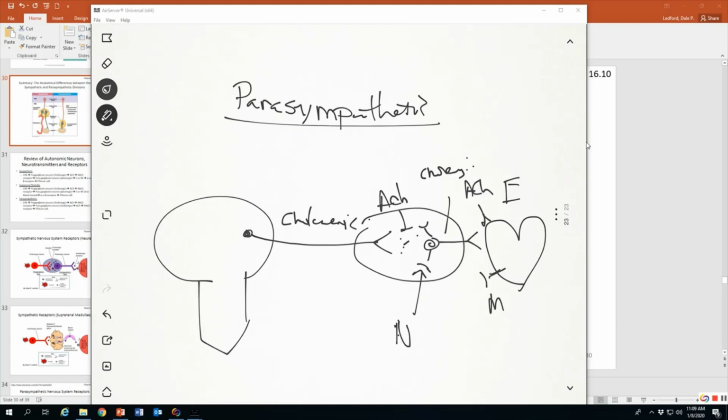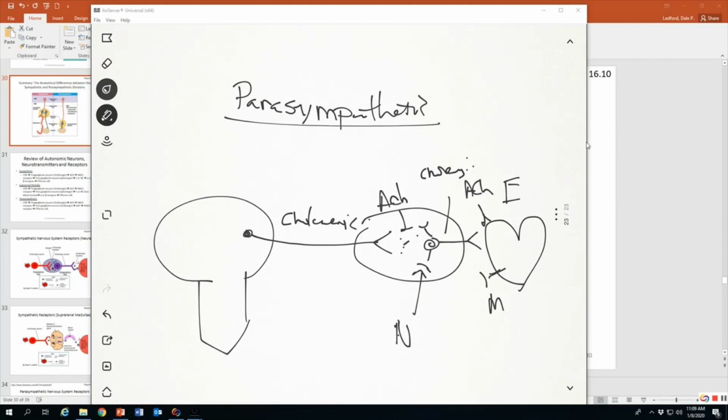We start with a stimulus going to a cholinergic neuron, releasing ACh, acetylcholine, binding to a nicotinic receptor at the ganglia, where this cell releases epinephrine and norepinephrine into the bloodstream, and that travels to the alpha and beta receptors located downstream, using blood from the suprarenal medulla.